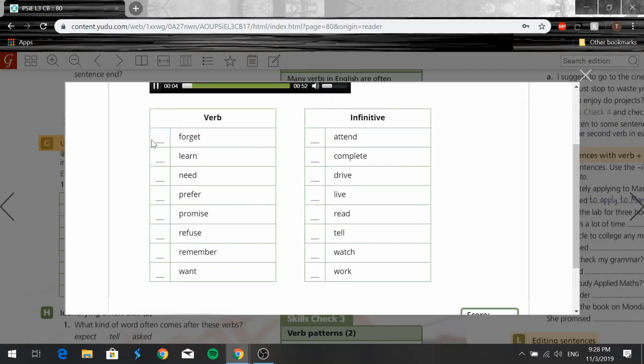1. You can't refuse to attend lectures. 2. You need to complete a form in the computer centre. 3. Children often want to watch too much television. 4. Some people prefer to live on their own. 5.